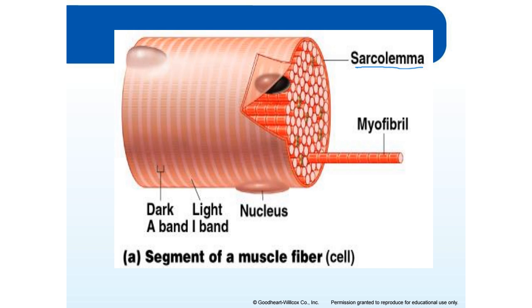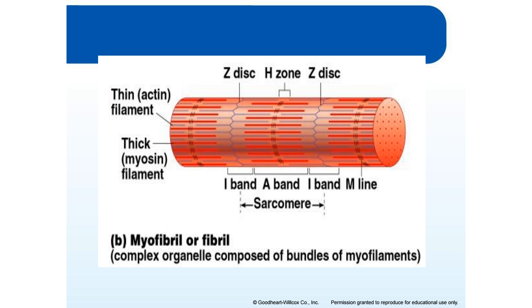So now we're going to zoom in just a touch. I've zoomed in on that tiny myofibril that was there. Here I have the dark and the light bands that cause the striations. You can see the I band right here. The I bands are also called the light bands.